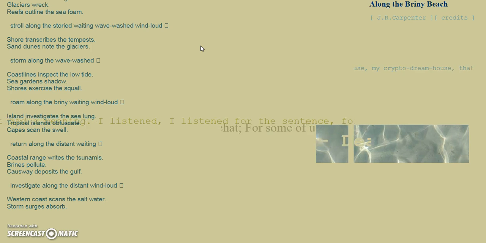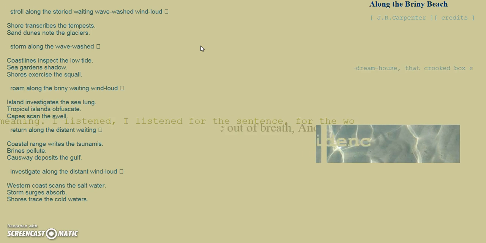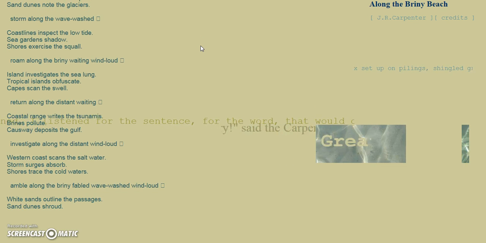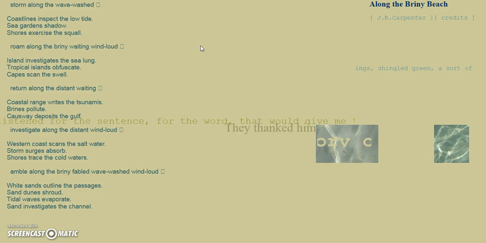If you look at "sediments navigate the salt waters, coastlines mark the glacier, glaciers wreck," although some of it does appear pleasant sounding phrases, and it does make sense, but a lot of it doesn't make sense too. "Tropical islands obfuscate, capes scan the swell, return along the distant wading." Some of it doesn't seem like really good grammar.